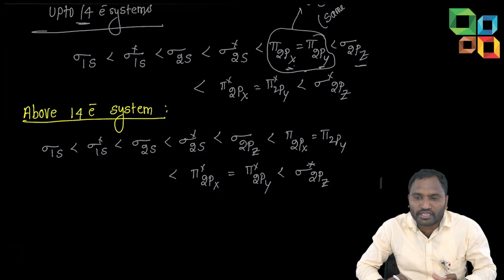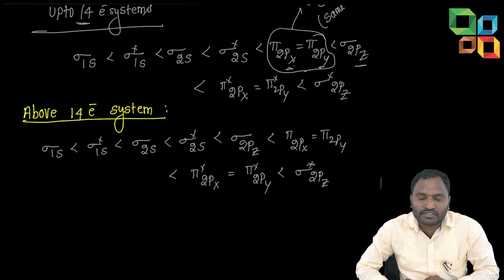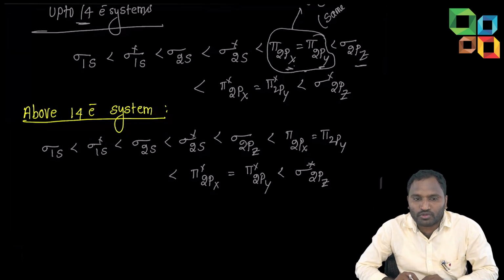Equal numbers of bonding and anti-bonding molecular orbitals are formed. Since bonding molecular orbitals form bonds, their energy is lower. Anti-bonding molecular orbitals are not forming bonds since repulsion occurs, so their energies are high.